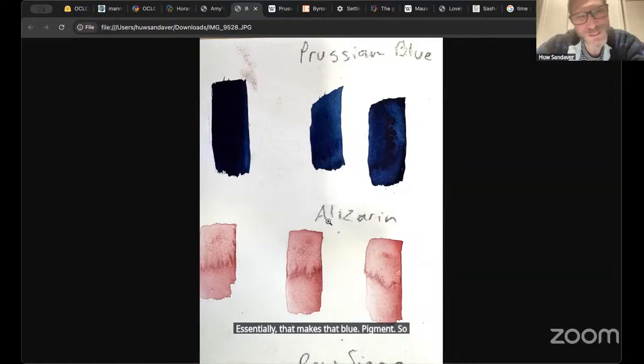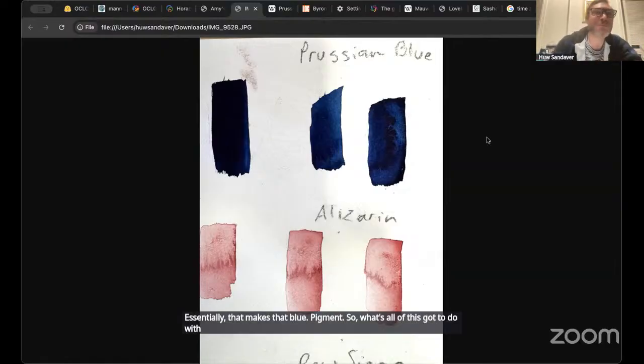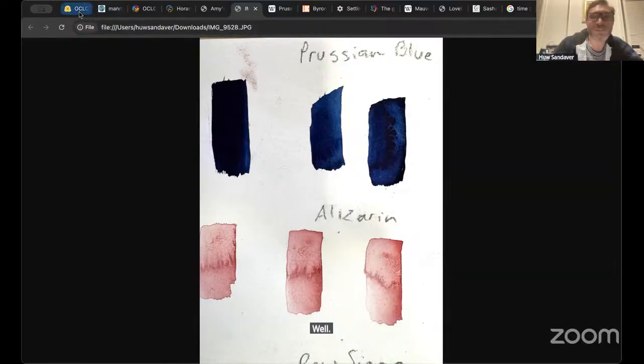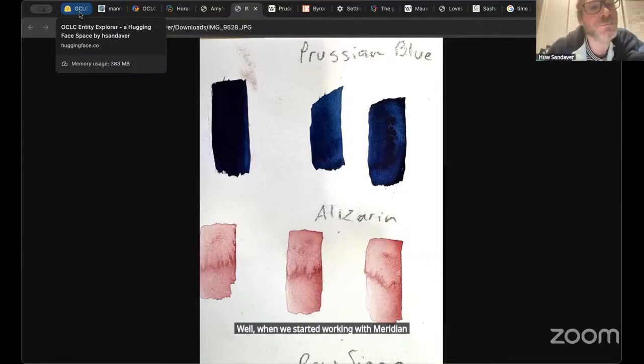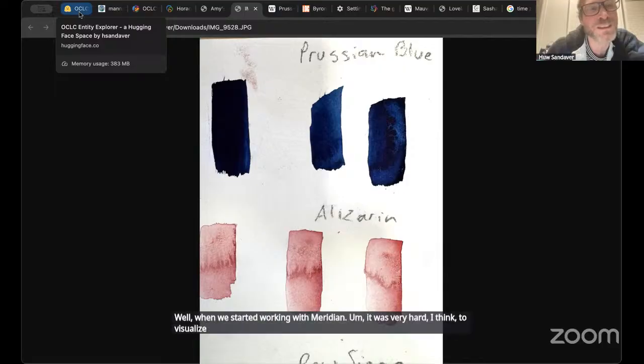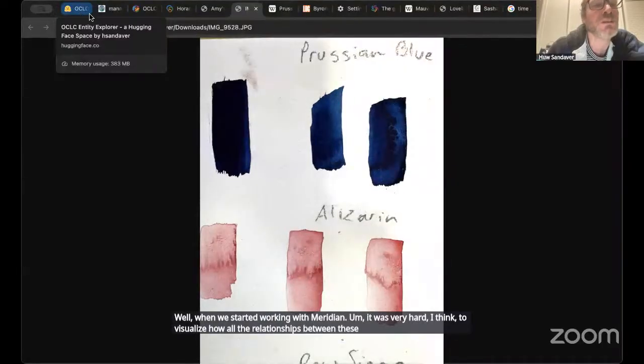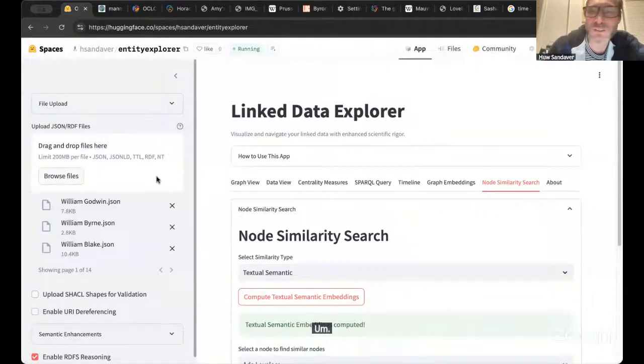So what's all of this got to do with linked data? Well, when we started working with Meridian, it was very hard, I think, to visualize how all the relationships between these things work. So I thought, why not make a network graph?